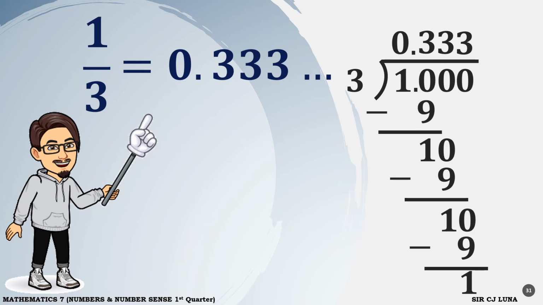So this is repeating decimal. So ang sagot mo dyan ay 0.333. Or you can also have this one. Maglagay ka na lang ng overbar dun sa ating repeat. Ibig sabihin, ang number na yon ay umuulit na lang siya. Okay? So that is how to convert fraction to decimal.